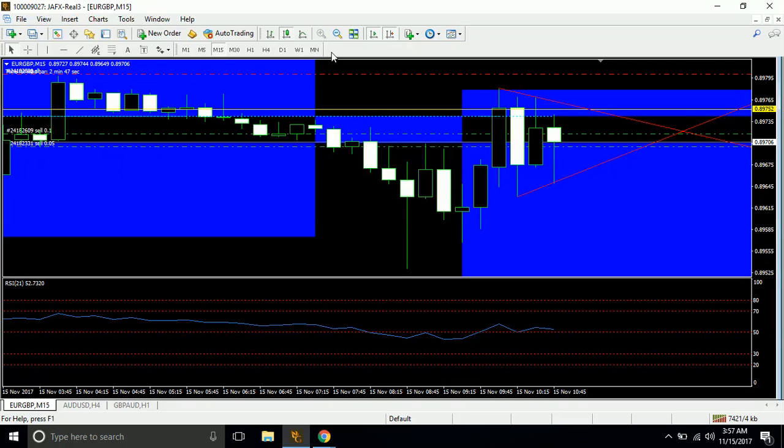Now that's a Euro Pound binary options sell or put. For this Euro Pound, at 89,710 or higher. That's what you want your strike rate to be. You want your strike rate to be above 710, last 3 digits.